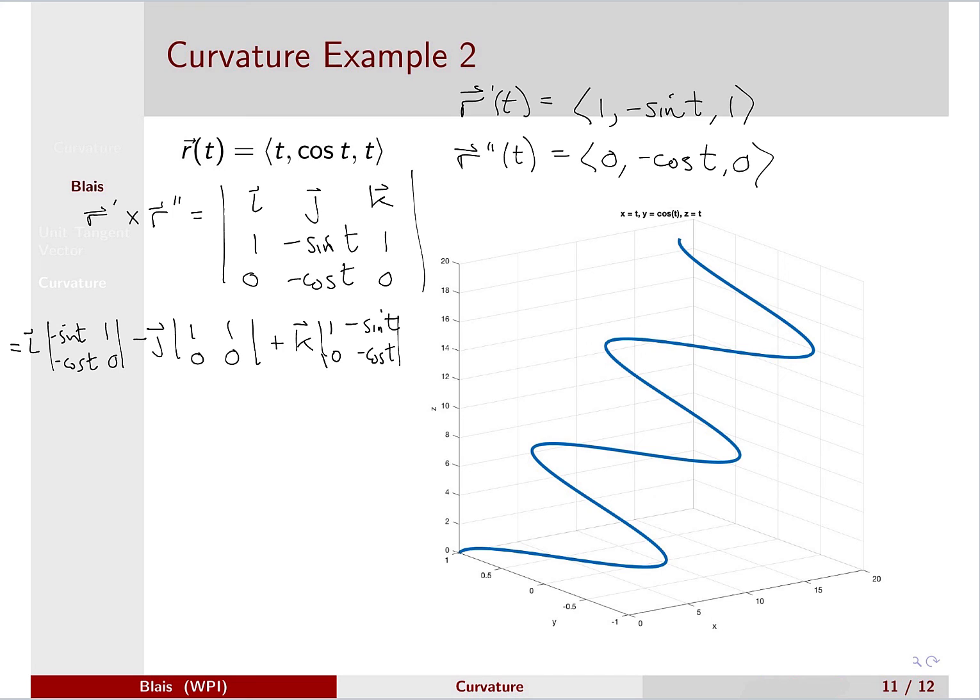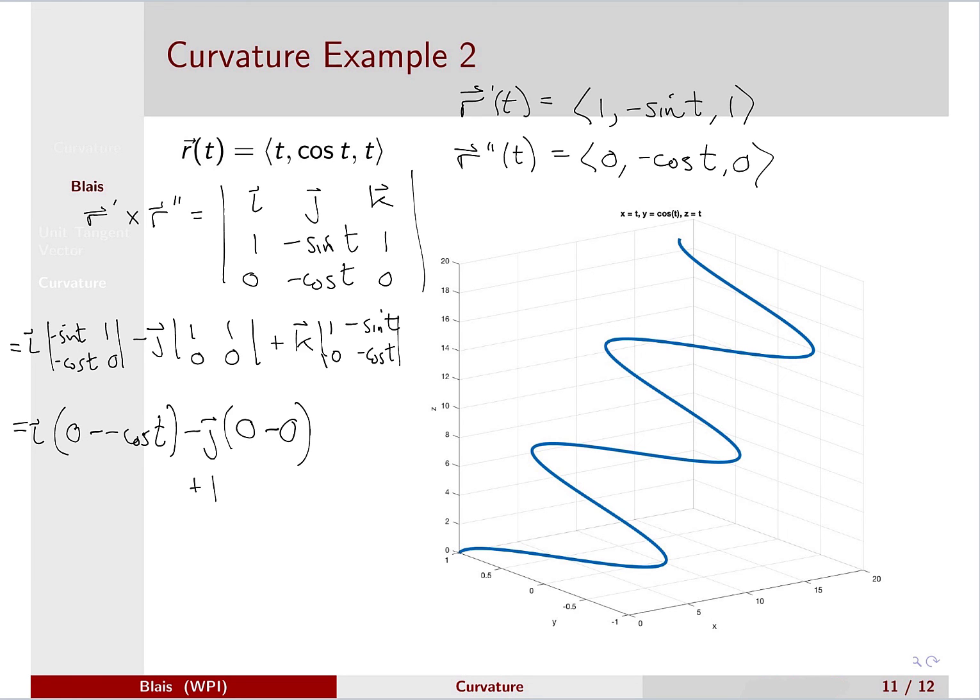And now we go through and do these 2 by 2 determinants. So for the first one, we go top left times bottom right, which is 0, minus top right times bottom left, minus cosine of t. Minus j, top left times bottom right, it's 1 times 0 or 0, minus top right times bottom left, also 0.